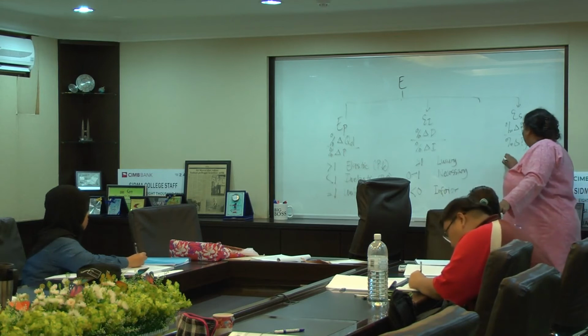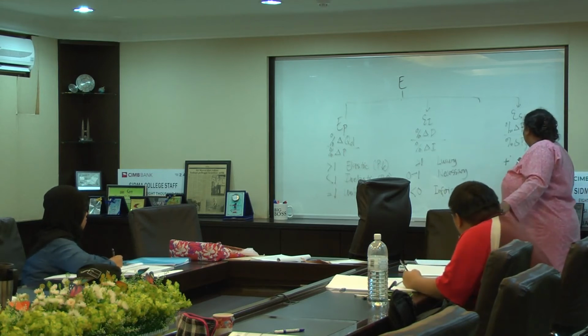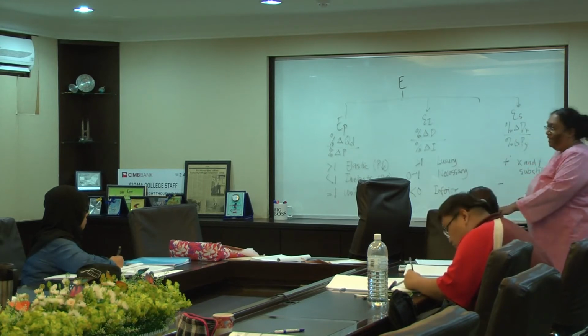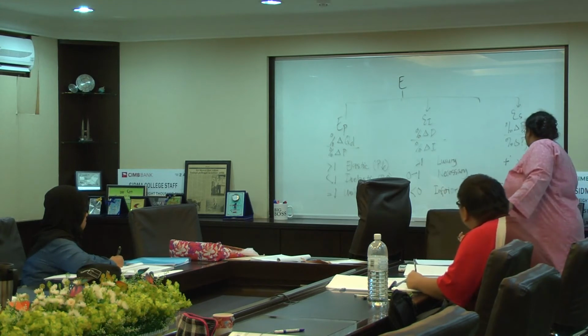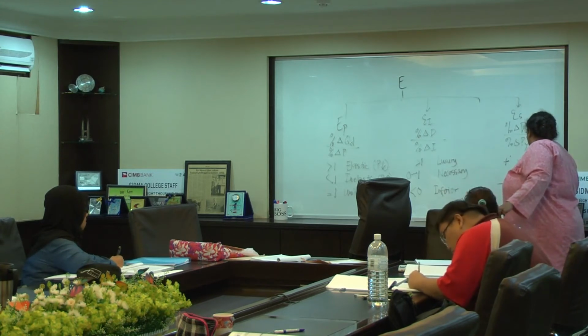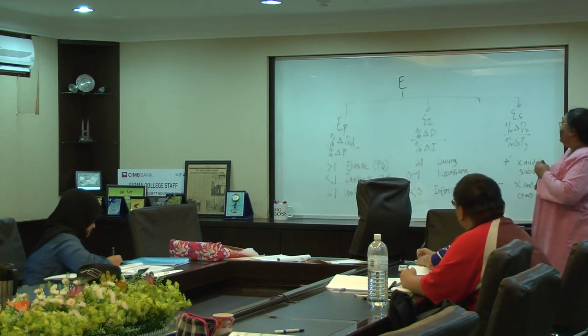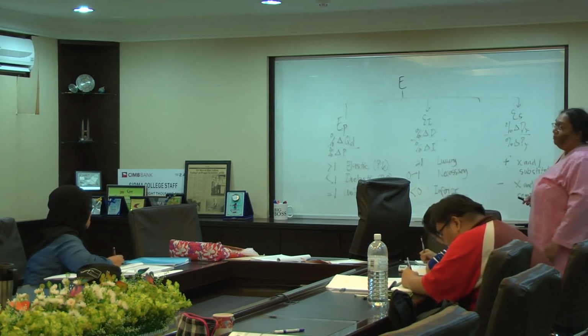Now, if your answer is positive, we know that X and Y are substitutes. That means they can replace each other. If the answer is negative, then X and Y are complementary. This is the summary of elasticity.